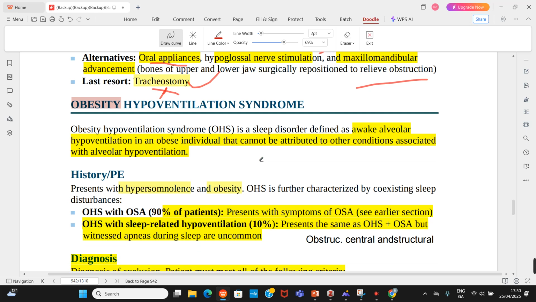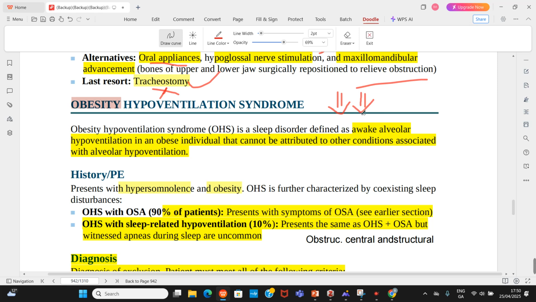So moving on to obesity hypoventilation syndrome, these are two different things. People with obesity hypoventilation syndrome, I just want us to picture them. We already said that during sleep, the tone of the airway is already dropping because of REM sleep. Respiratory drive is already reducing. So there's a background increased tendency for airway obstruction.